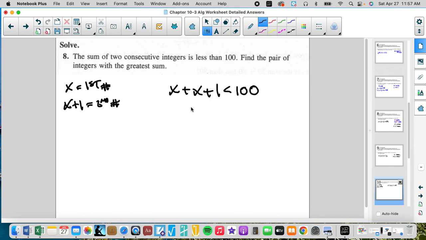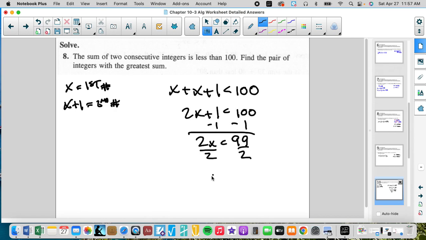That gives me 2x plus 1 is less than 100, minus 1, 2x is less than 99, divide by 2, and we get x less than 49 and 1/2. So find the pair of integers with the greatest sum.